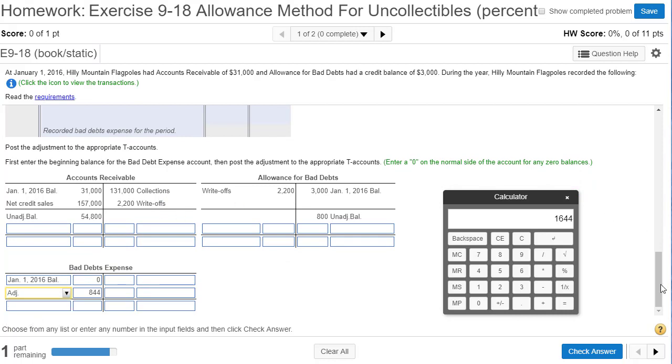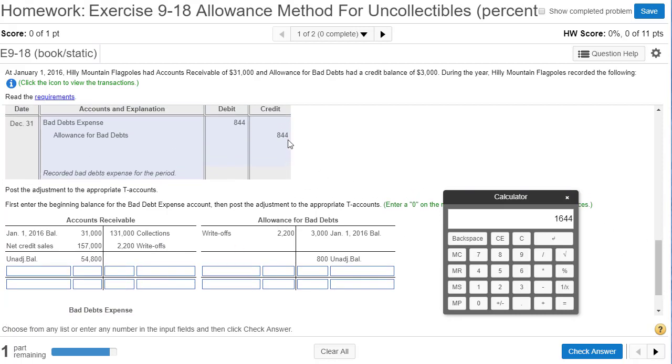That's our adjustment. And then we'll scroll back up, and now I need to post this 844 here. This is our adjustment. And now we need to do the total. So we had 800 unadjusted balance, add 844, and this is where we get the 1644. So this is our new December 31st balance.